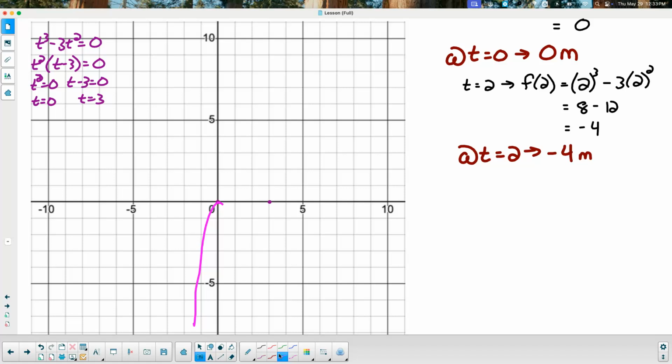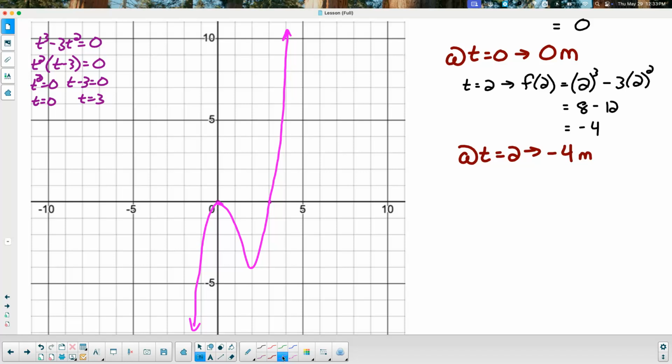Because at 0 is a double. So that's a kiss. It's not a shoot through, it's a kiss. Then it's going to turn around, and algebraically, we found that it was at 2, negative 4. So then it's going to come back down here, and then it's got to come back up here and cross, and then it's going to go shooting up. With me on that?